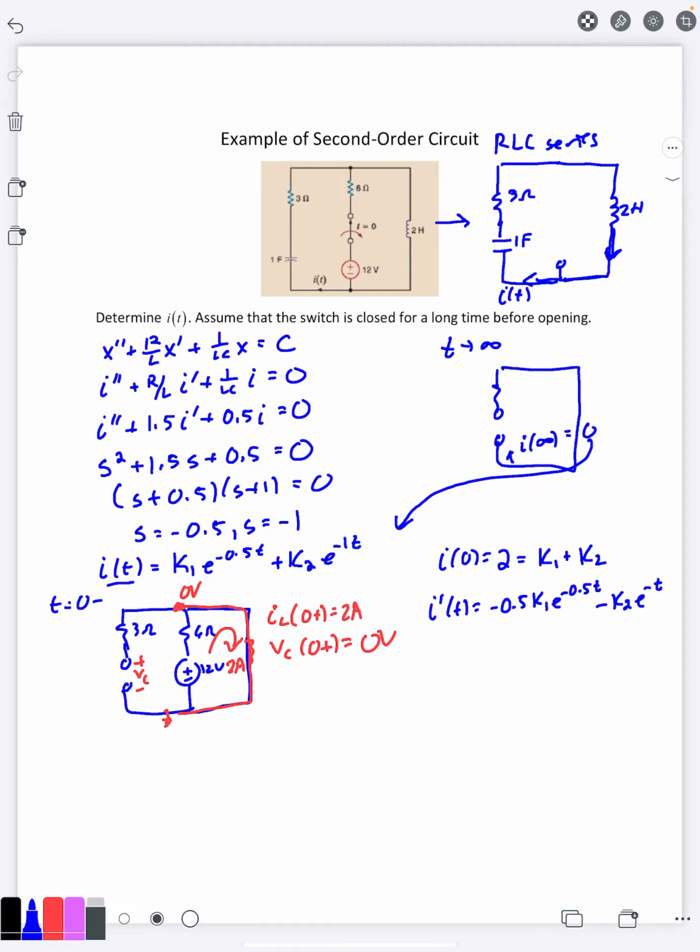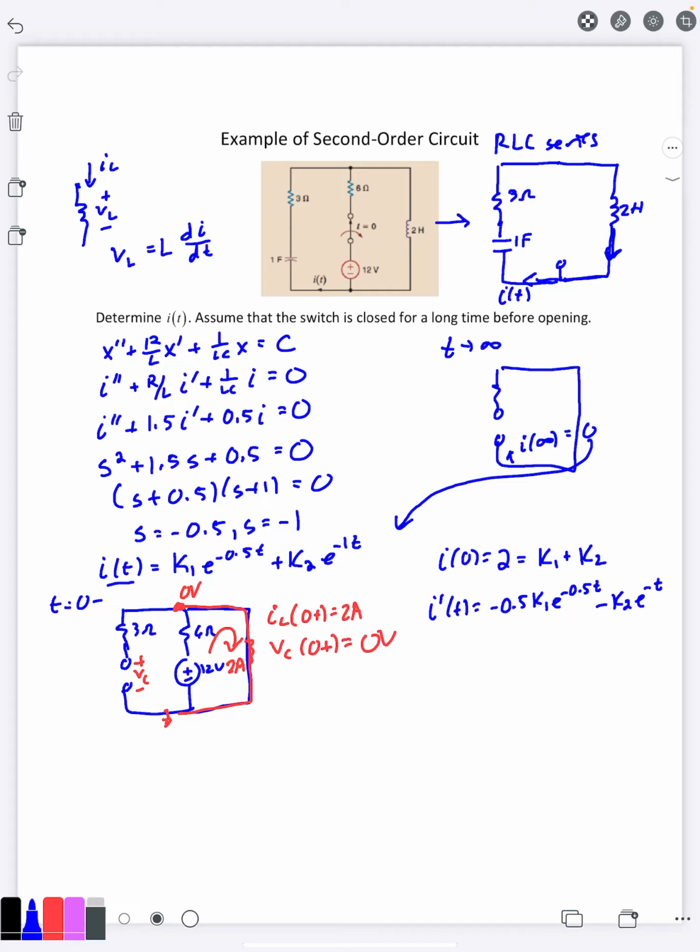And what can we say about the derivative here? Well, let's see here. We know that the voltage across an inductor, if this is my VL and we have my IL, we know the voltage is L times the derivative of I. So we need to see what happens to the voltage across the inductor at 0.